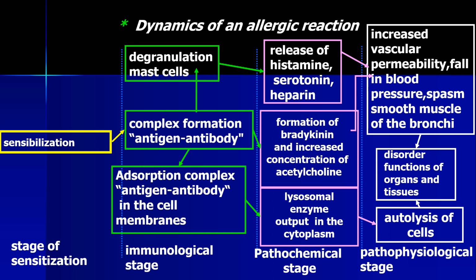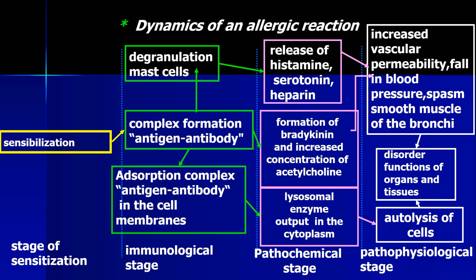Passive sensitization is formed when an actively sensitized blood serum is injected into another organism. The body receives the antibody ready-made. And there are monovalent sensitization, polyvalent sensitization, and cross sensitization.